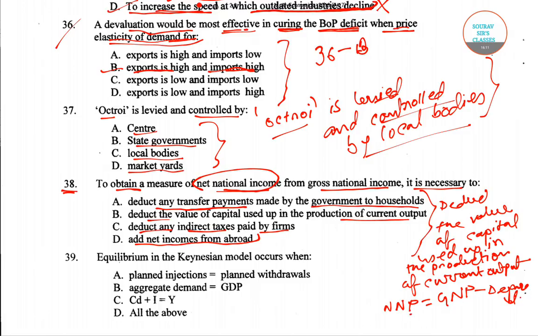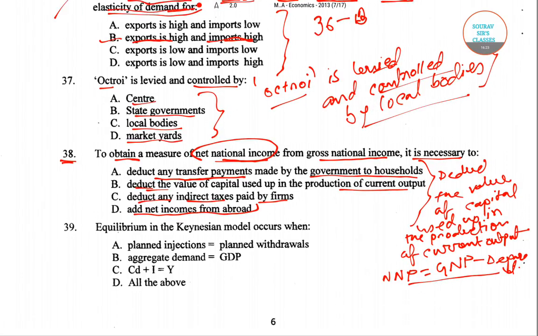So NNP is basically GNP minus depreciation. So we have to deduct the value of capital. Now we'll simply go to question number 39.